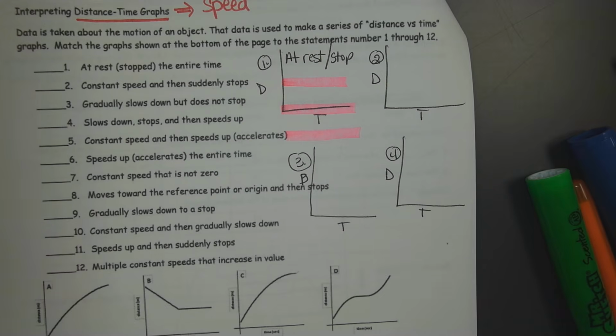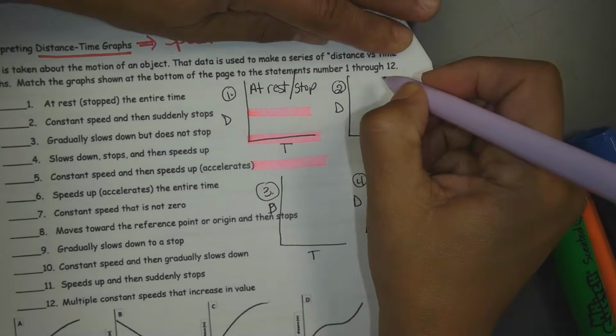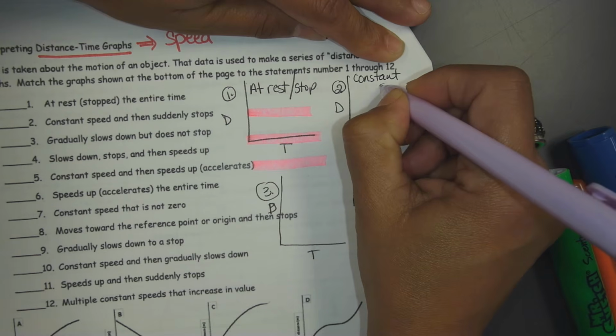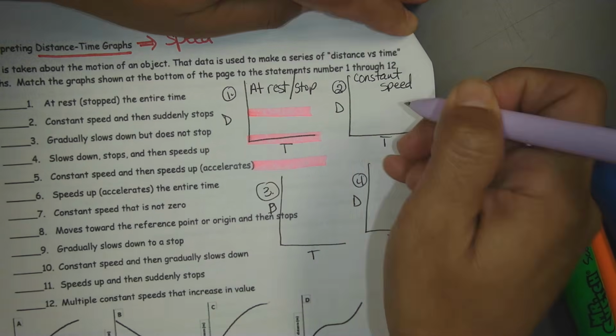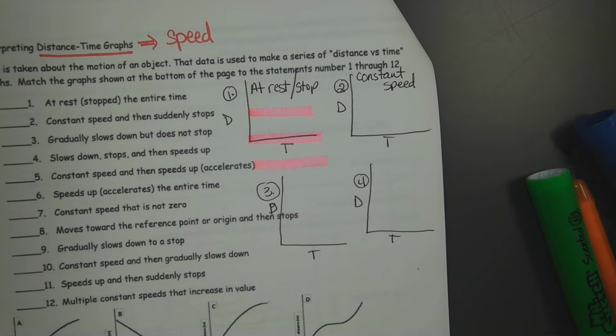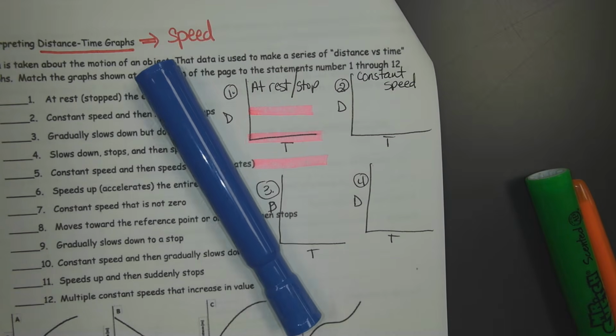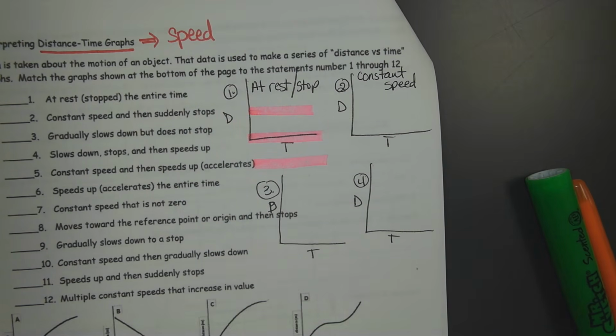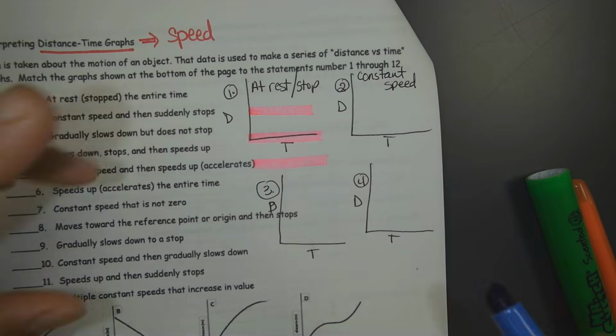On number 2, this situation is when my object is moving at a constant speed. And when it's moving at a constant speed, going on blue, okay, it's going to have a slope, but it can have 2 different types of slopes.